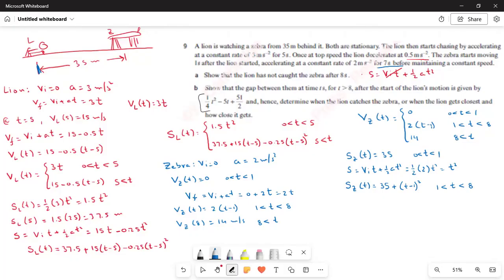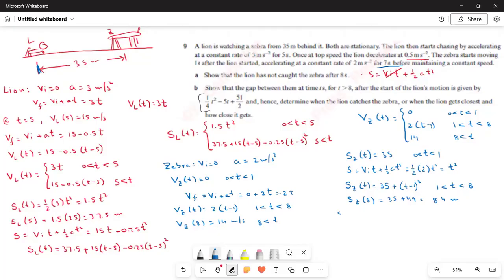Now, the distance traveled by zebra at 8 seconds. When 8 seconds has gone, how much distance has it traveled? It has 35 plus (8 minus 1) which is 7, 7 square is 49, so this is 84 meters, right? And after this one, its speed becomes constant, and that speed was 14, right?